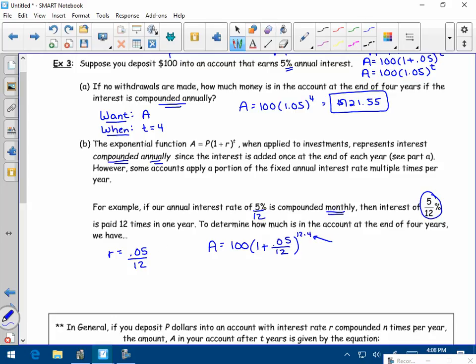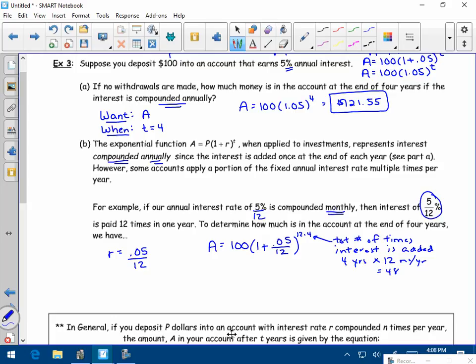And that's because the total number of times interest is added is 4 years times 12 months per year. So really I'm getting this 0.05 over 12 rate 48 times in 4 years.